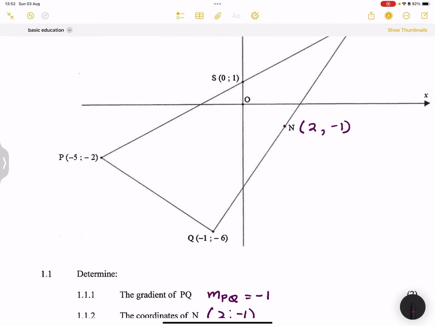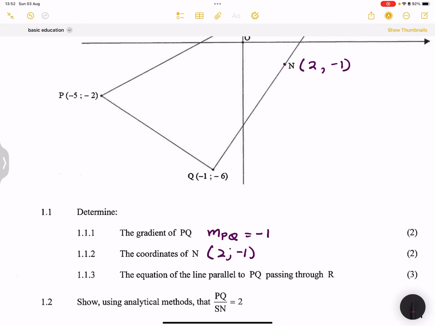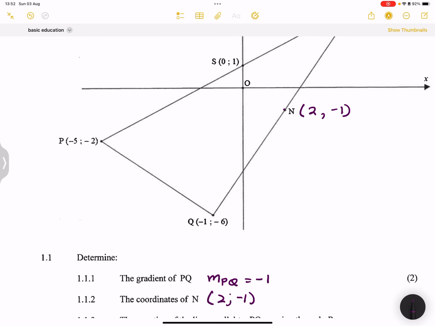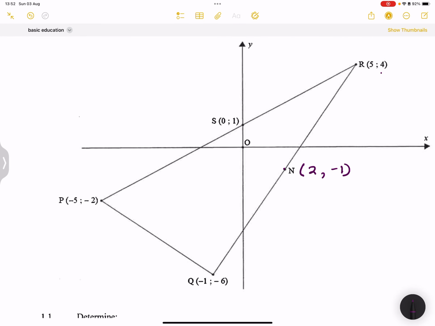So if we know the gradient of PQ, we've already calculated it, that's negative 1, and that line passes through the point R. So maybe it is a line that looks something like this. It should have the gradient negative 1, so that equation should be y is equal to negative 1 times x plus c. But how are we going to get the c value?